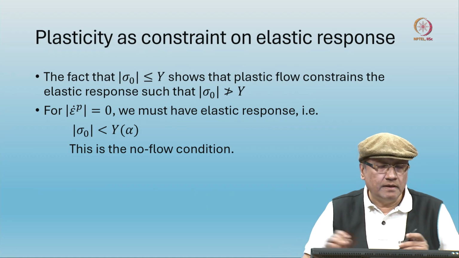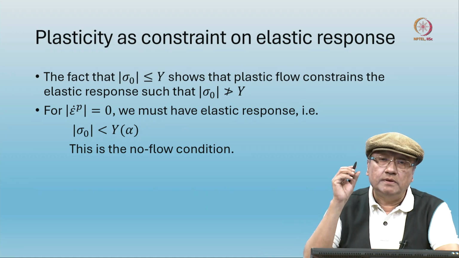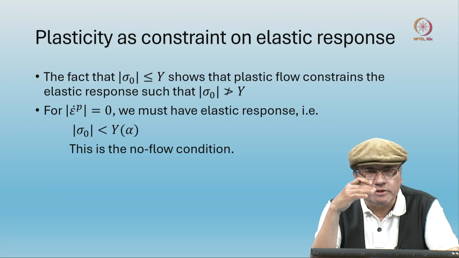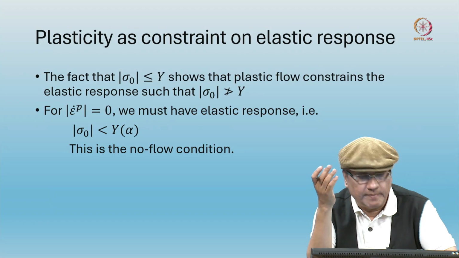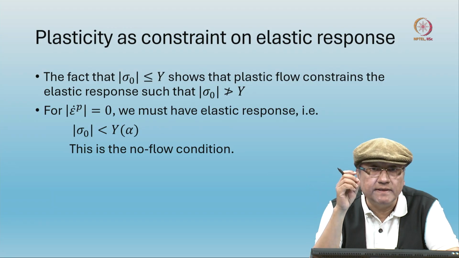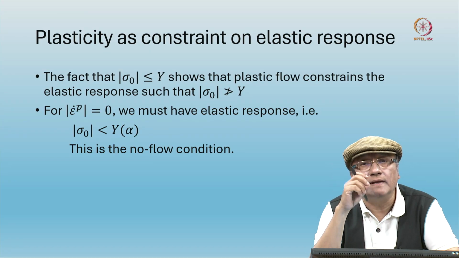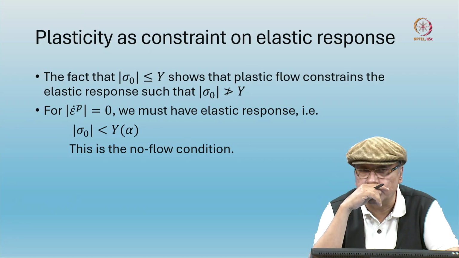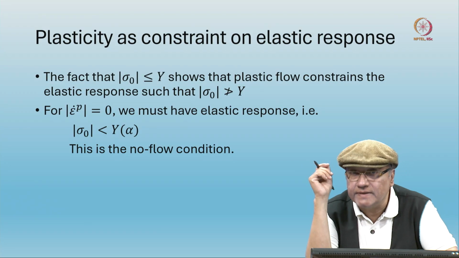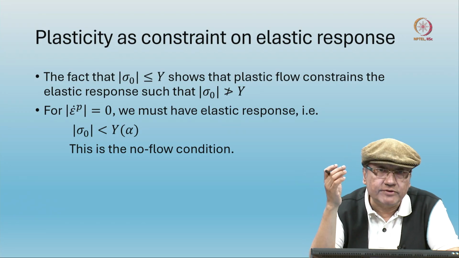All right. Now, this also should remind you about one aspect that we have discussed already, that plasticity should be looked upon as a constraint on the elastic response, at least in the rate independent case. What kind of a constraint?